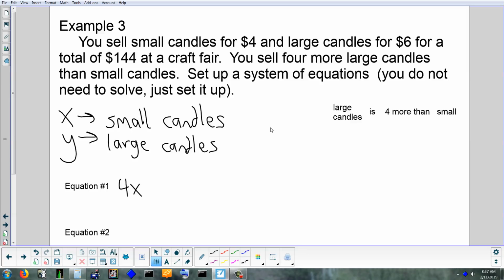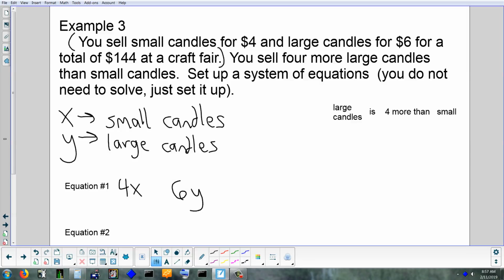So Paige, if small candles was 4x, what about large candles? 6y. What's the other number we're going to need for this first equation? We used the 4, we used the 6. 144. It's the only other number we have.